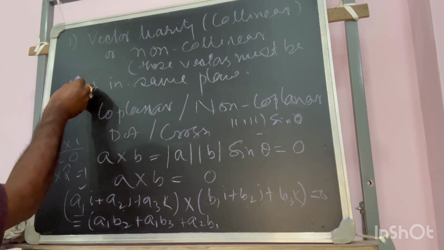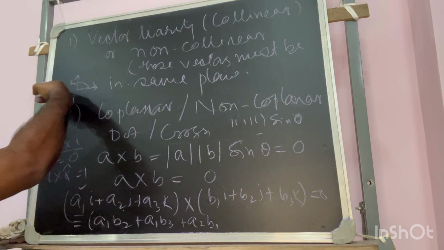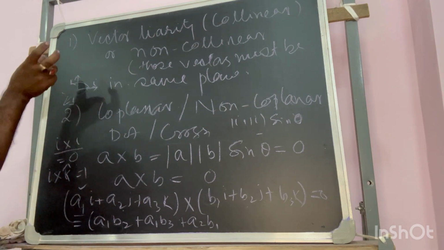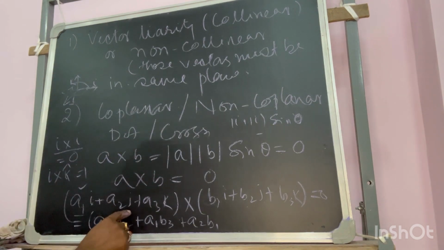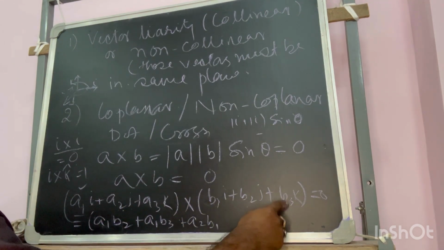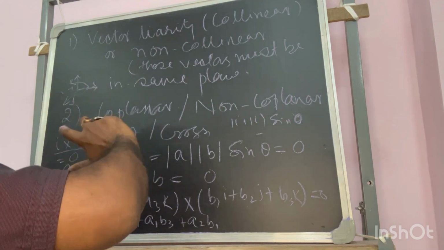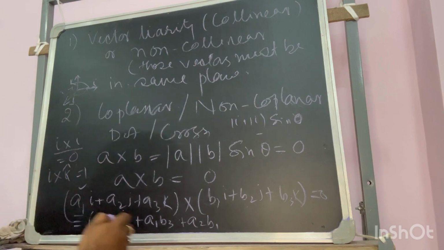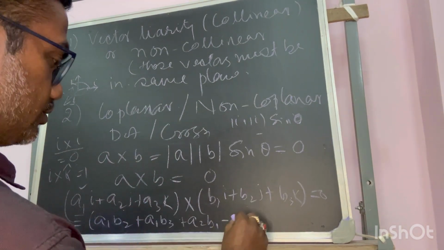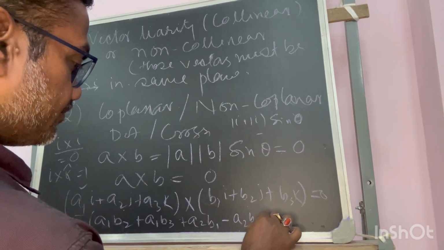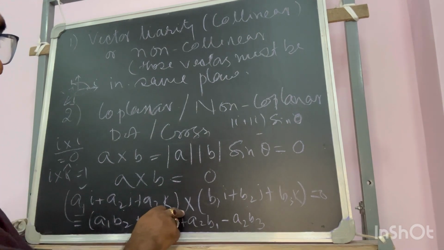When you rotate this way, the screw will move this way. You have to see the rotation angle: it starts with j and rotates towards k, so your screw moves this way. If we take the right-hand screw, the sign will be minus a2 b3. So you have to be cautious about the sign when doing a cross product.